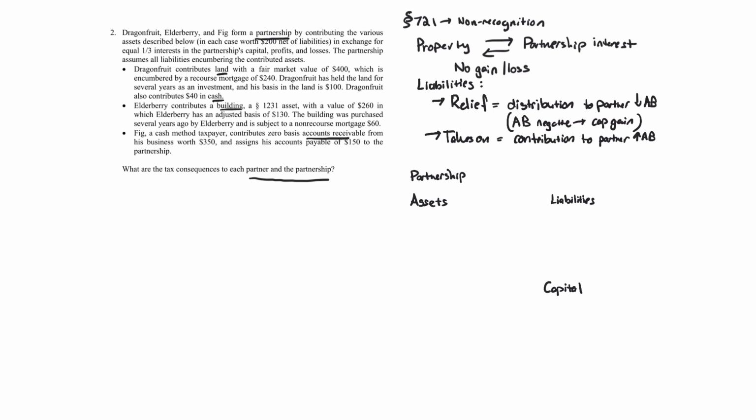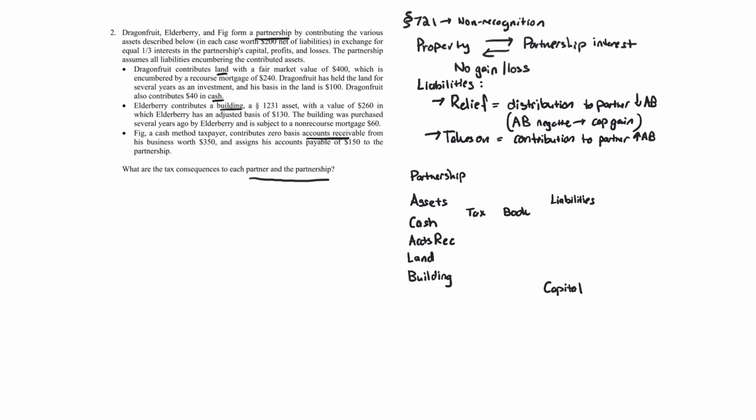There's also accounts payable, but of course that's a liability. So we put them in order of liquidity. We've got cash first, accounts receivable next, land and building. Got 2 columns. We've got our tax and book columns.